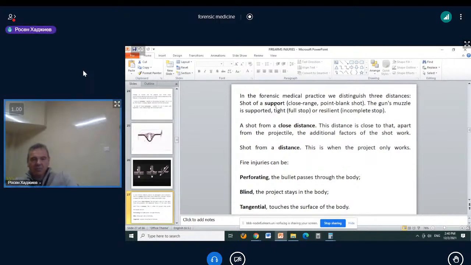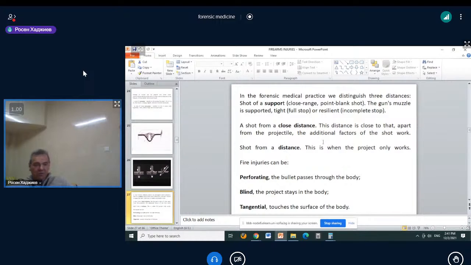In forensic medical practice, we distinguish three distances. First, a shot of support, or close contact, or contact injury, point blank shot. In these cases, the gun's muzzle is in contact with the skin. The gun's muzzle is supported. It can be full contact or incomplete contact.